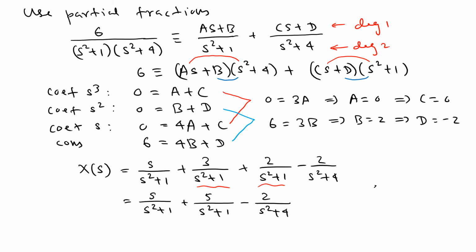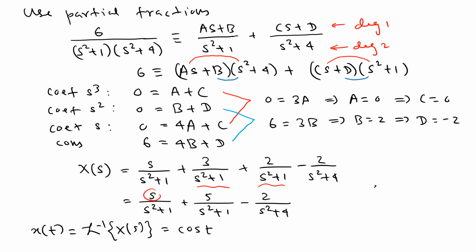So that means your x(t) is simply the L inverse of X(s). Let's go term by term. The first one, actually, since it's s, it means the cosine. If you see s, it is the cosine, that's how we remember. So you get the cosine t.